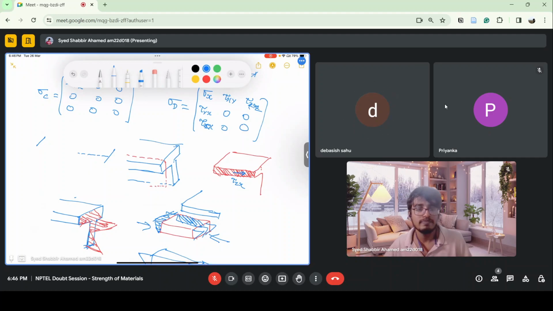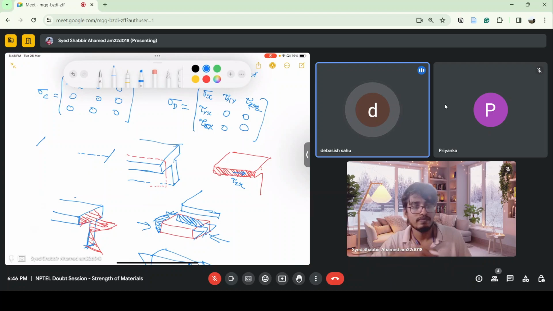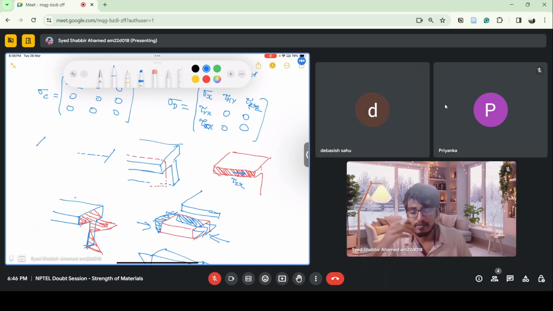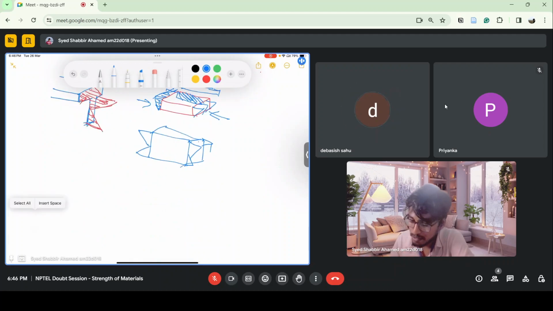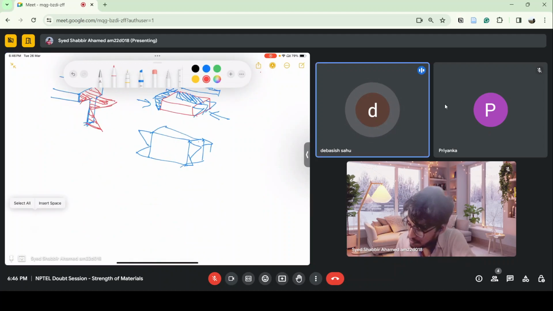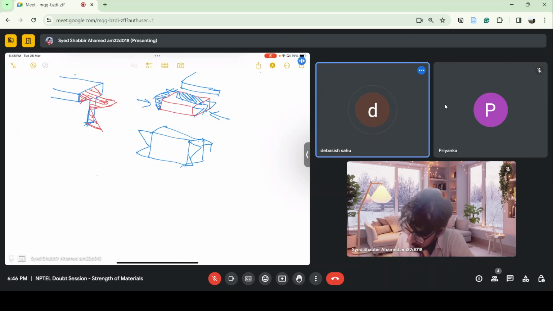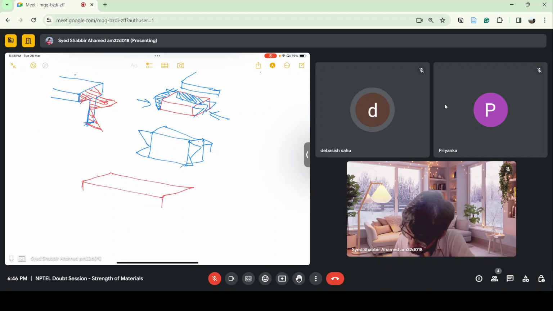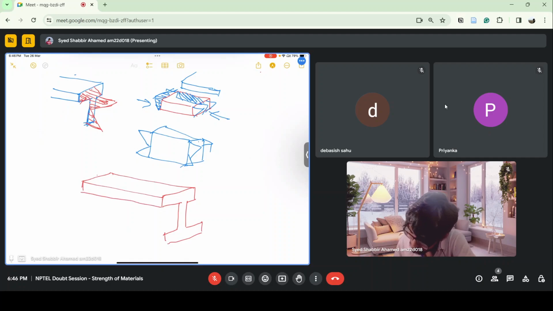Sir, if we consider the I section and both flanges are equal, then we don't get this tau zx. No, we'll get it. Why won't we get it? I'll draw a diagram. Okay, this is our I beam.